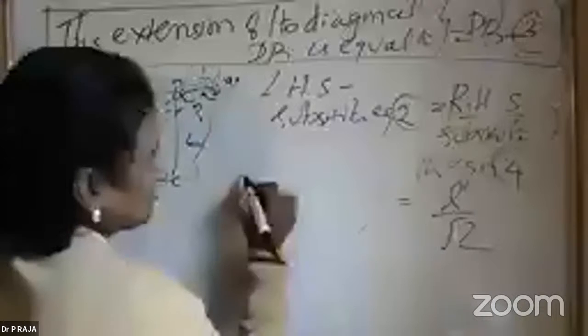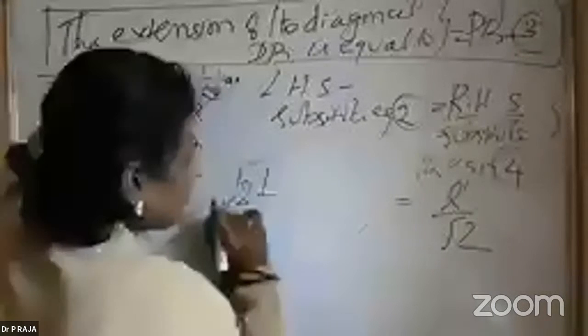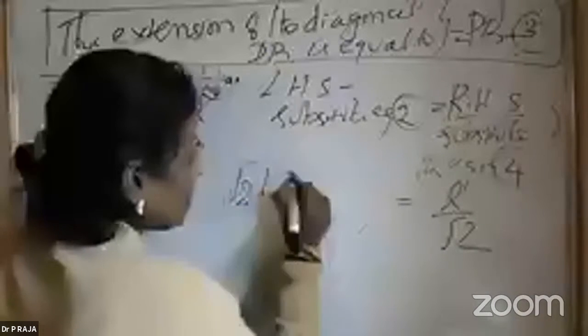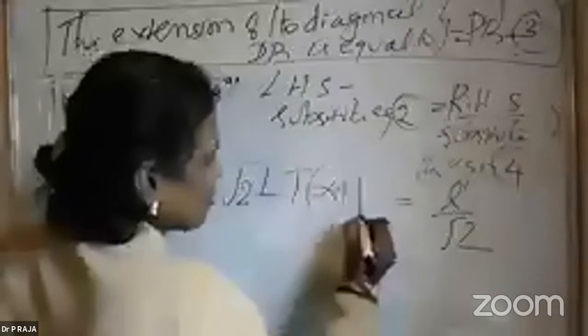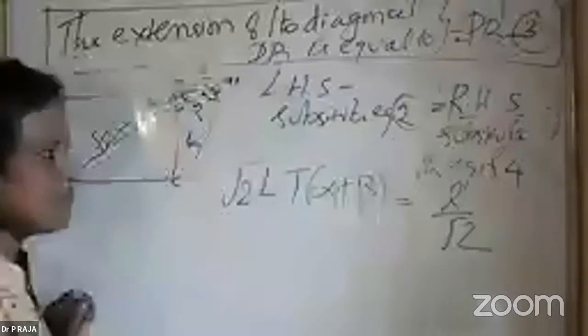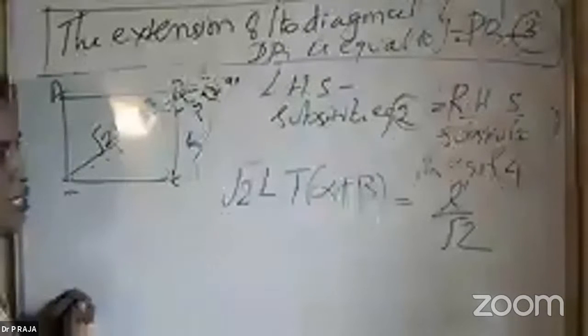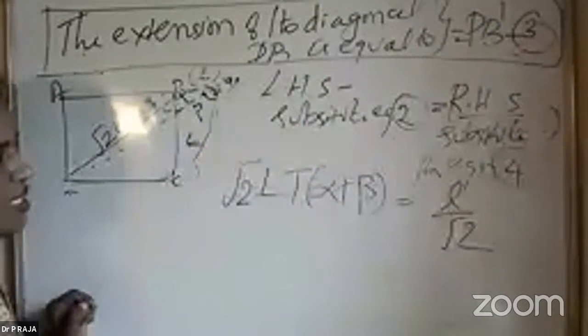Our second equation on the left hand side was root 2 into L, root 2 L, dB into T into alpha plus beta. Okay. Now, in equation 1, we started with finding the quantity. L was how much the cube has extended.